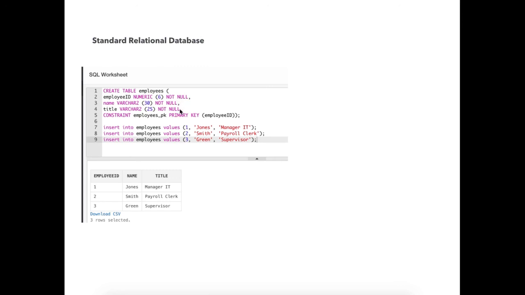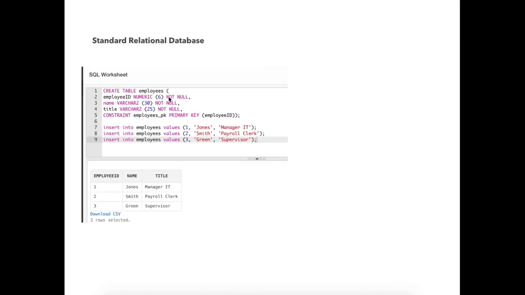Only then can we insert information or not insert information for that column, and SQL will accept it if we have the option to leave it blank. However, if we do not have the option to leave it blank, and we are told not null for every single line, we must always enter information in that field.